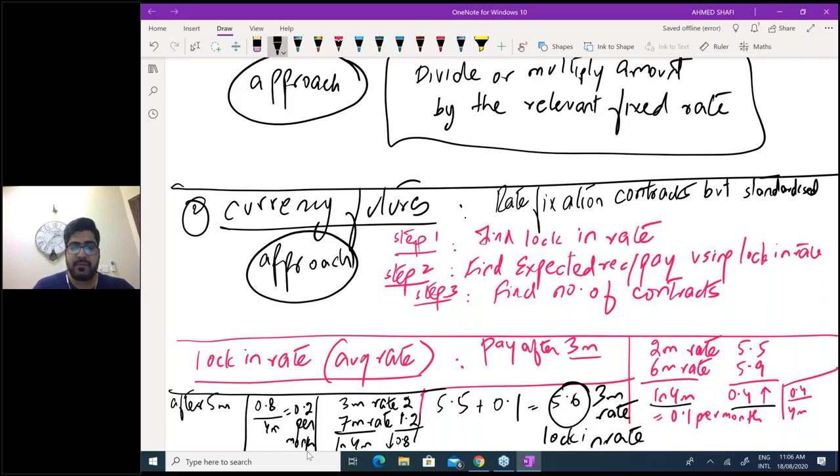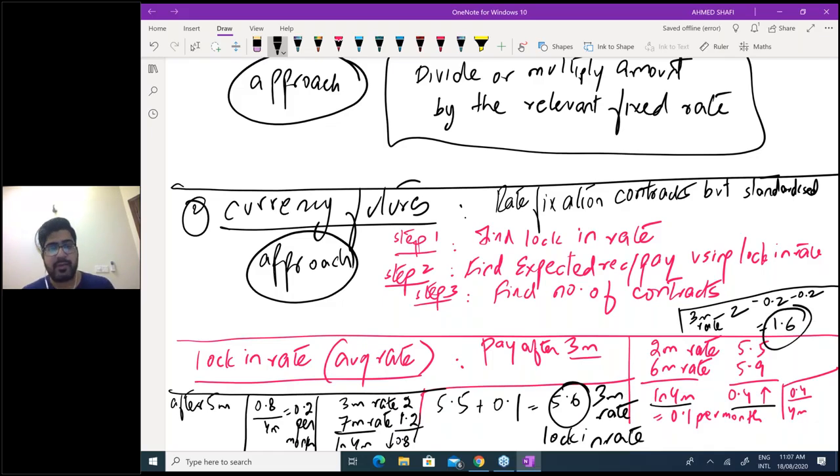Okay, so if it's falling by 0.2 per month, you have the 3-month rate, which is 2. In the 4th month, it will fall by 0.2, and in the 5th month it would fall by 0.2 more, or you can deduct 0.2 twice from 2. It's going to be 1.6. This is called the lock-in rate or averaging rate.